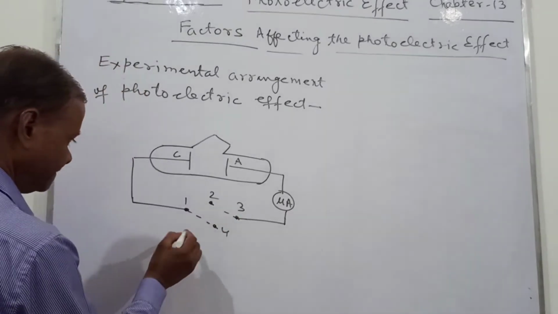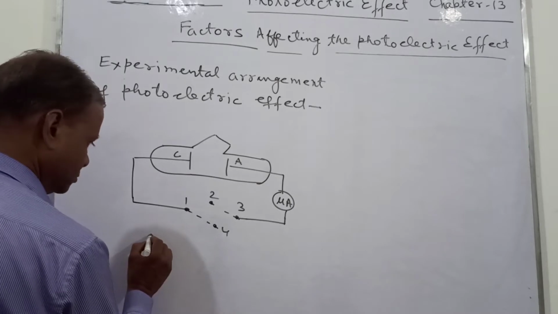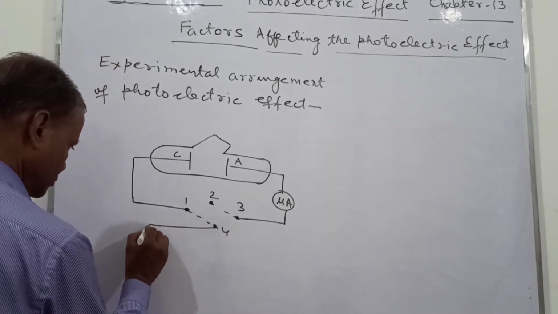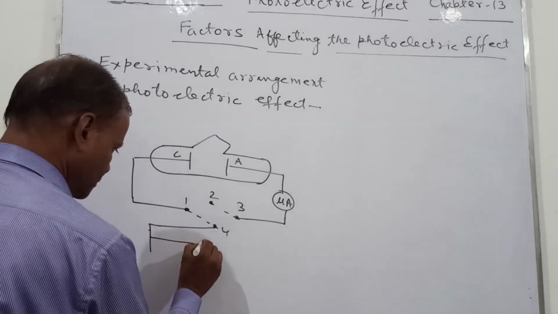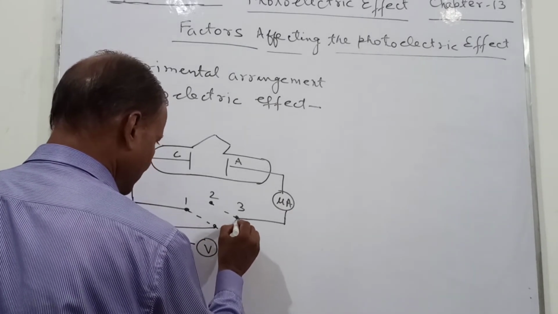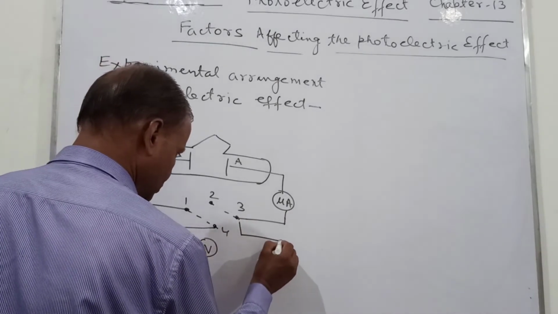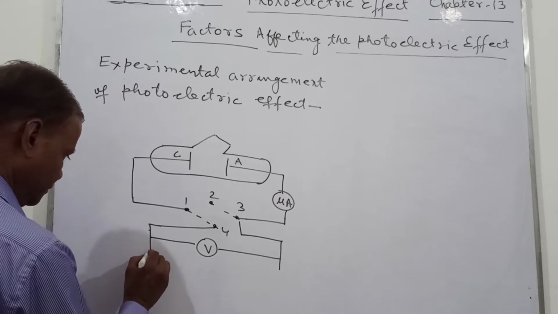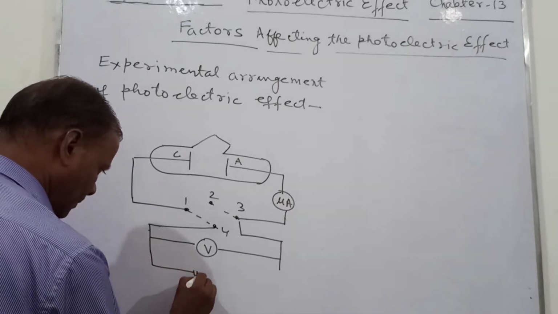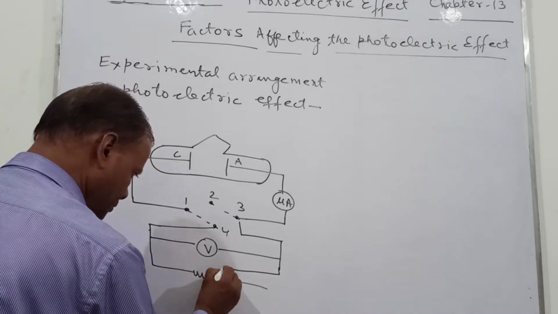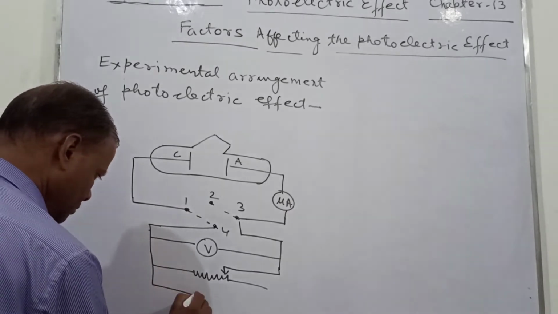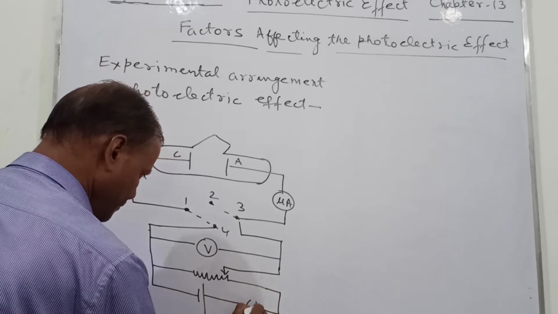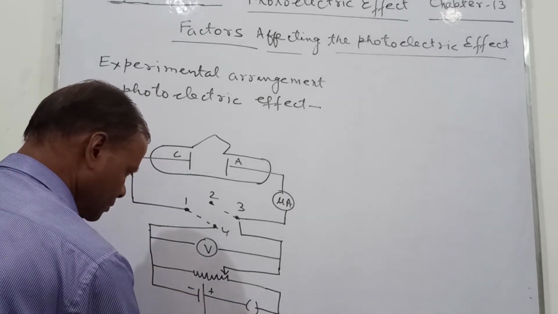This negative part goes to the voltmeter, and here we have a rheostat and a key, negative and positive.